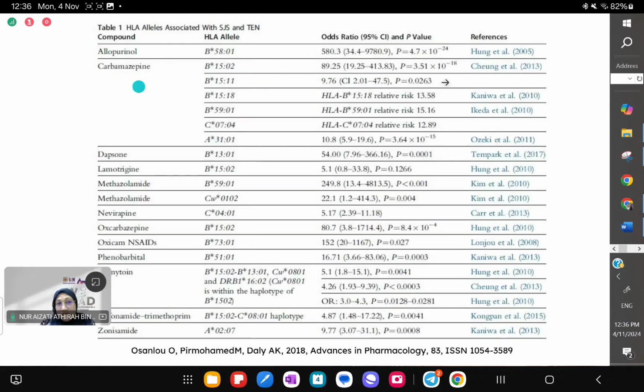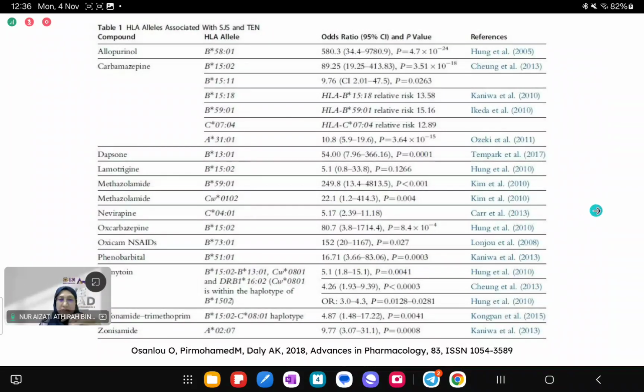These two are the only two markers that are included in the guideline. The others are perhaps not recommended to be tested. The ones recommended to be tested are 1502 and 3101. And all the other example drugs have their own markers.